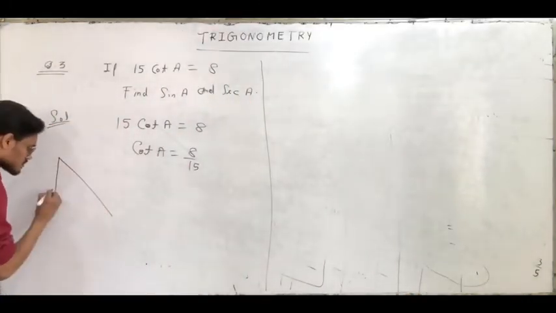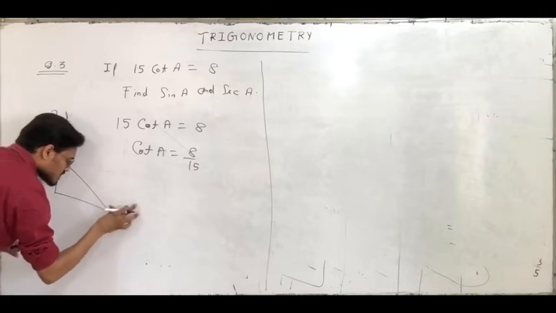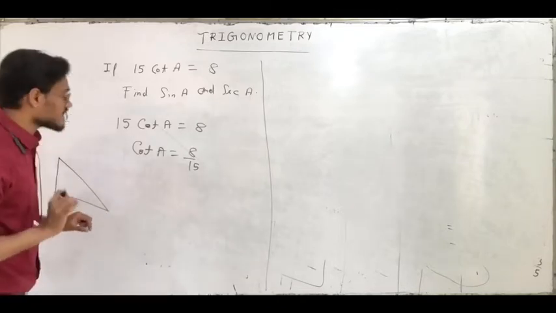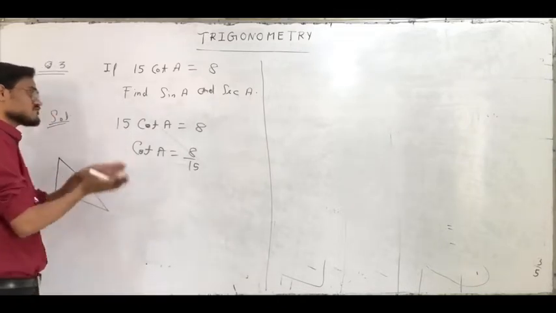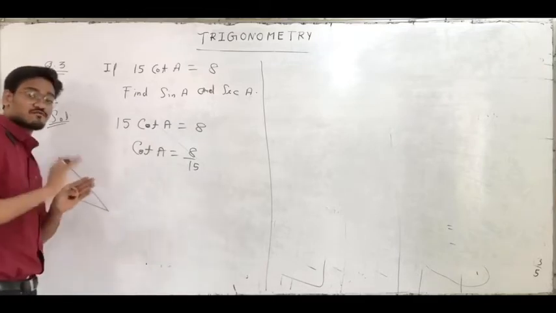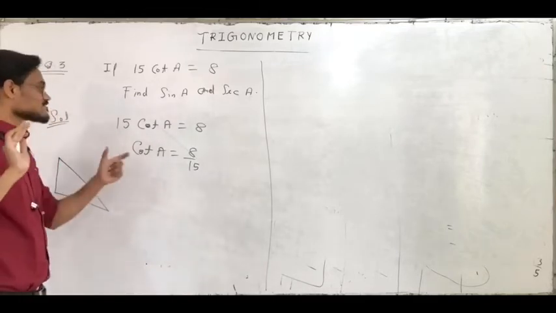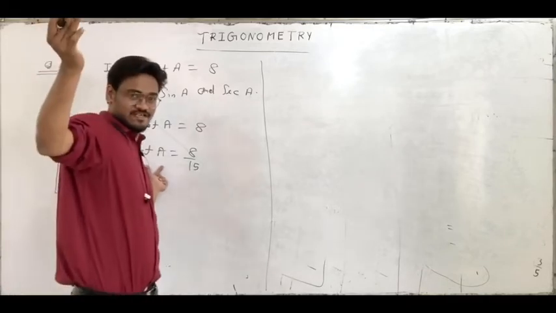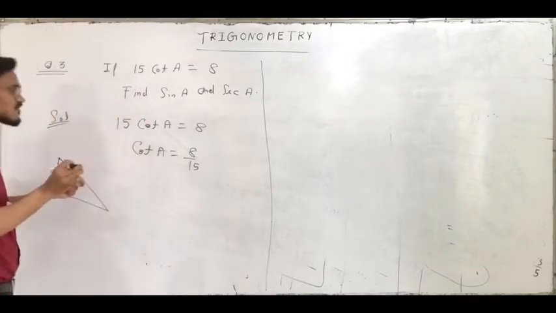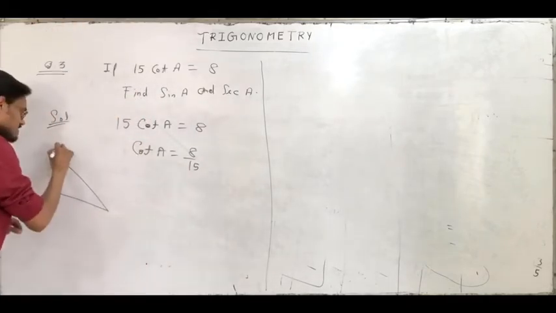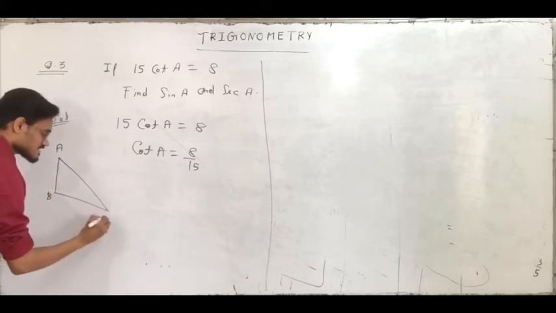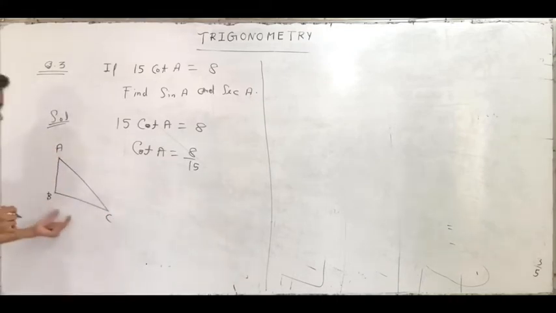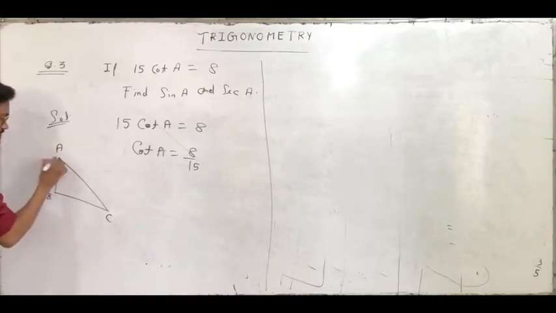Students, when we study trigonometric identities, we will solve the same question by different methods. But for basic trigonometry, we have to discuss the standard, traditional method.